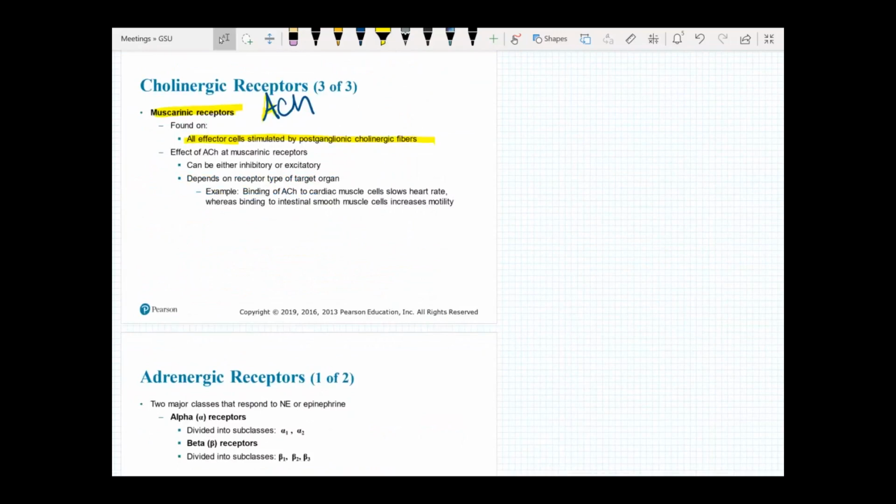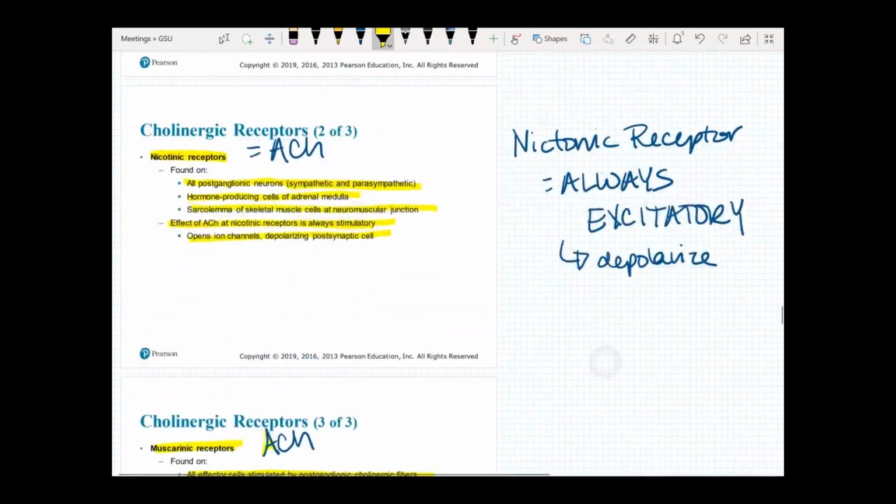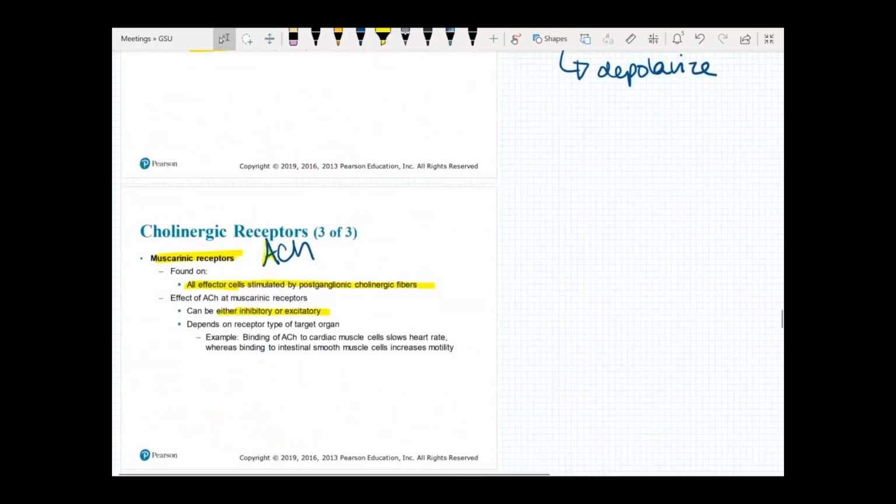Whenever you have a muscarinic receptor, it can be either excitatory or inhibitory. That's a little bit different, whereas up here we had always excitatory. With your muscarinic receptors, it is not always excitatory.